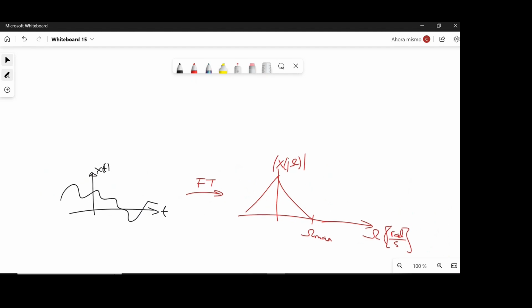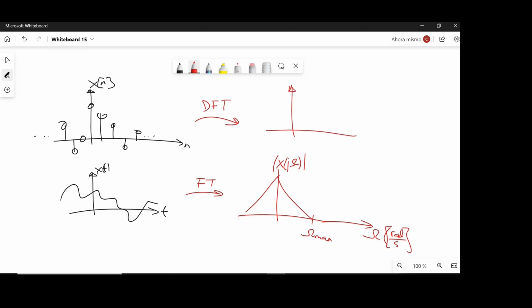If we have a discrete signal now, I have the same, but now my axis is n, I have x of n, then I have some samples here, the same over here. Then I do the Fourier transform, and we call it the discrete Fourier transform.